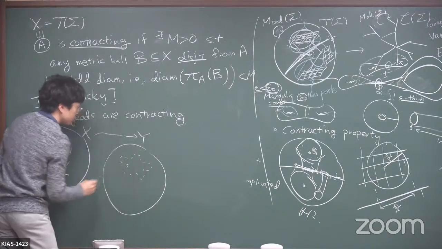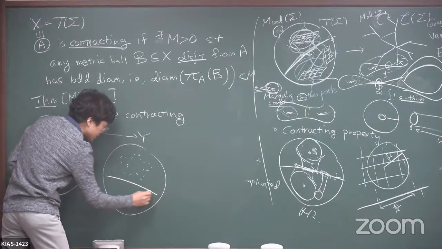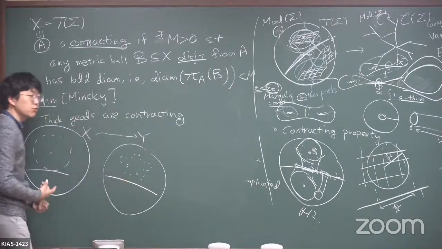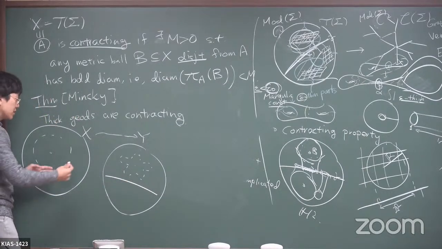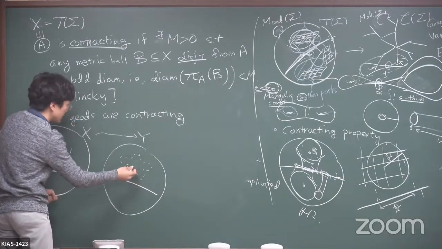You employ a different distance, and this geodesic is also not a geodesic. But if you recruit, for example, quasi-geodesics, then probably you can say pretty much the same thing. But this ball is deformed.